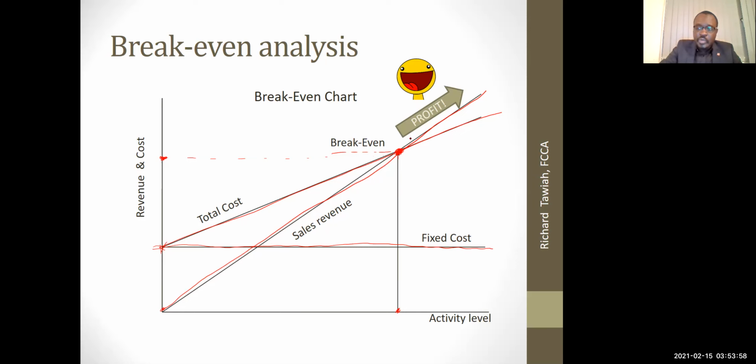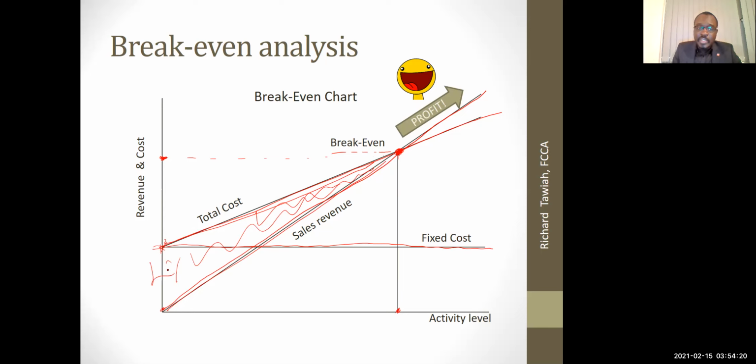So you ask yourself, what does it mean to the layman? From this point onwards, where the cost was higher than the revenue, what do we make? We make a loss.